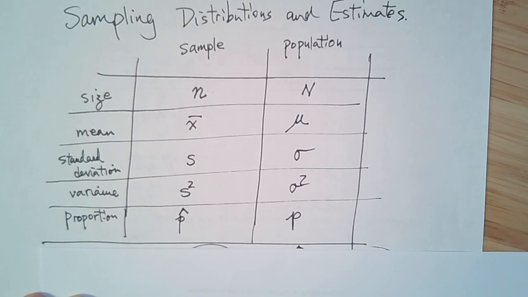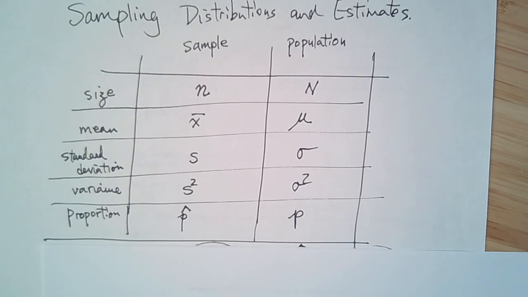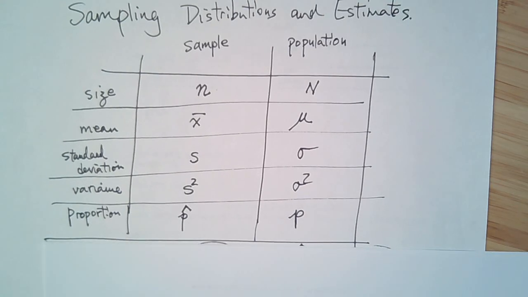All right. Now, based on what I just explained to you, we see the distribution of the sample mean, or the distribution of the sample means or proportions, is also very close to a normal distribution.